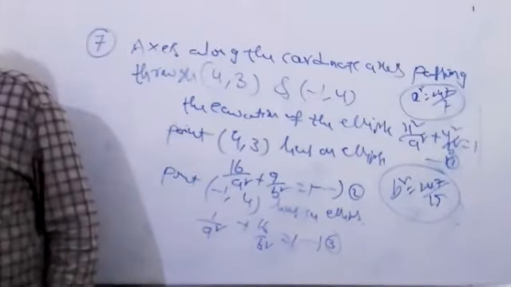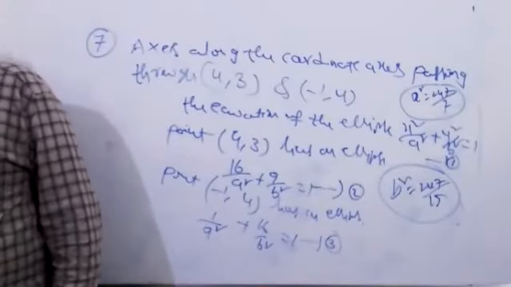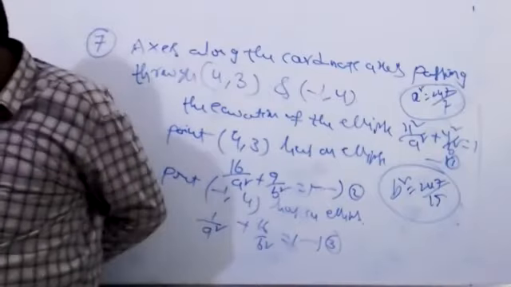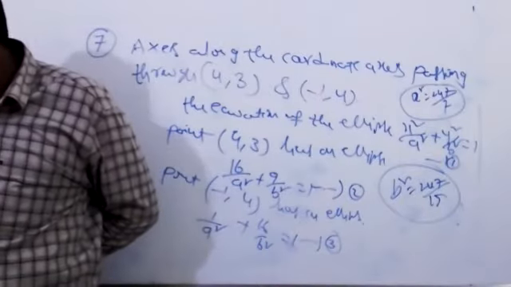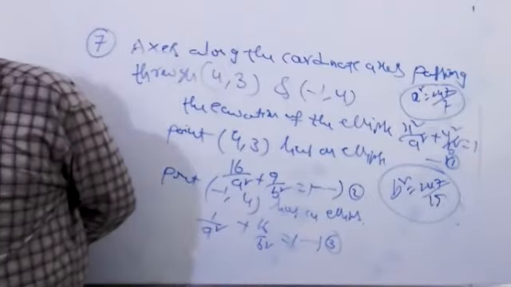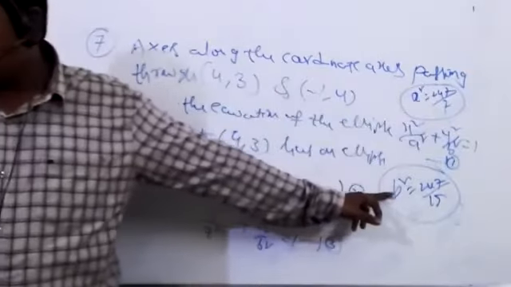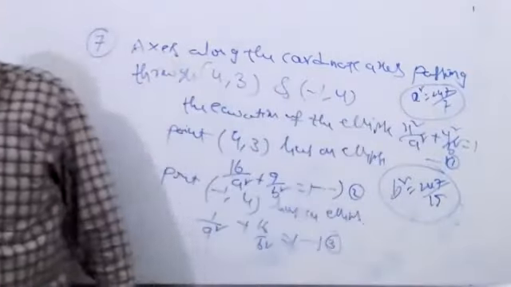So what's the answer? X square upon 247 upon 7 plus y square upon 247 upon 15 is equal to 1. See, a square is equal to 247 upon 7 and b square is equal to 247 upon 15.